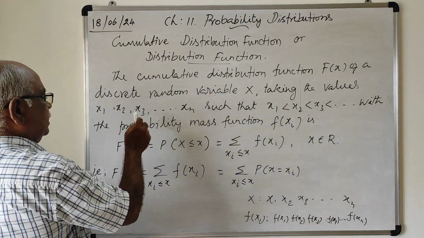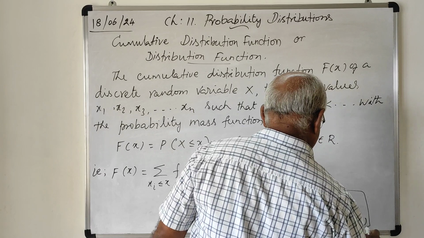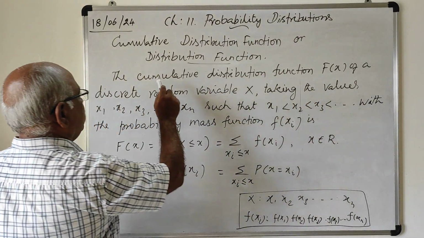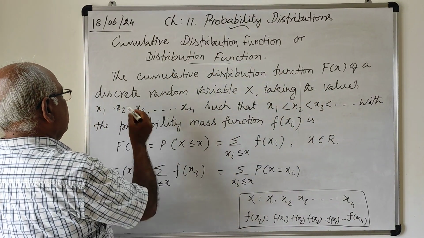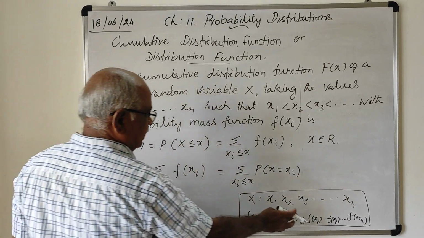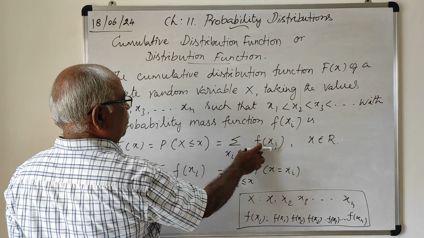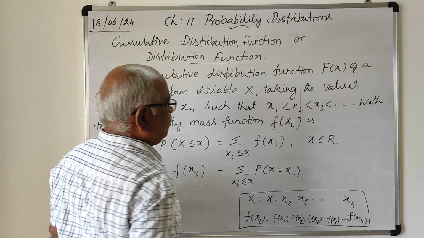In this case, the cumulative distribution function capital F of x is defined by the probability of X less than or equal to x, which is the sum over xi less than or equal to x of f of xi, where x belongs to R.